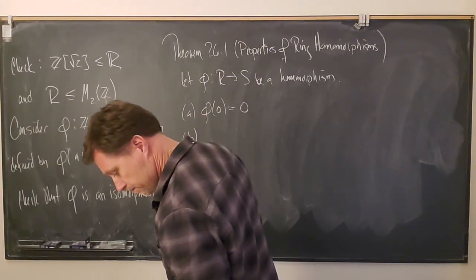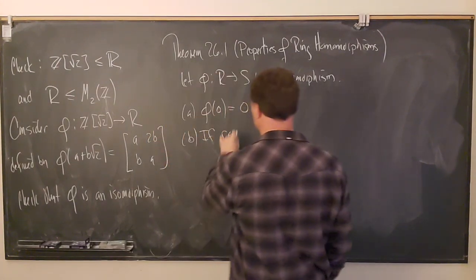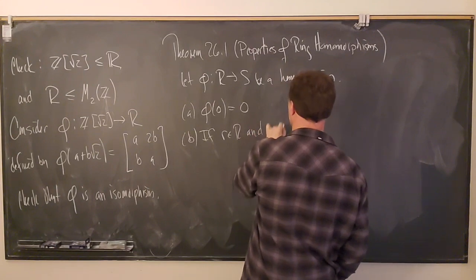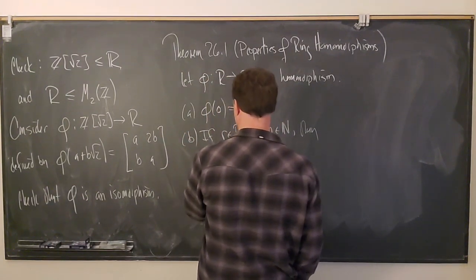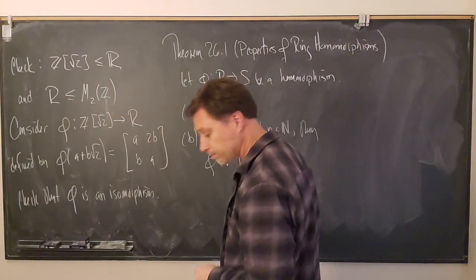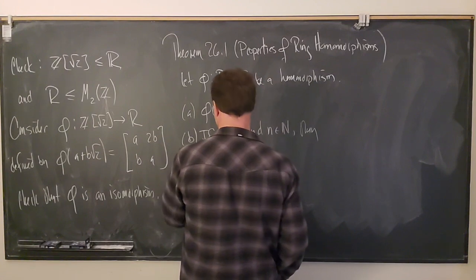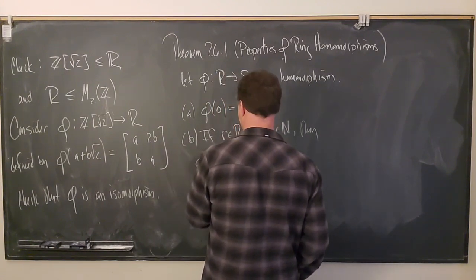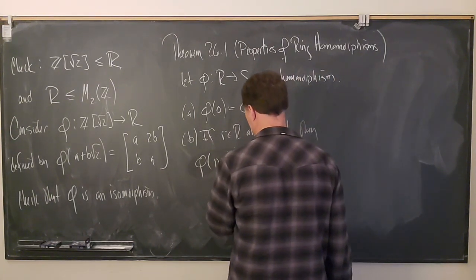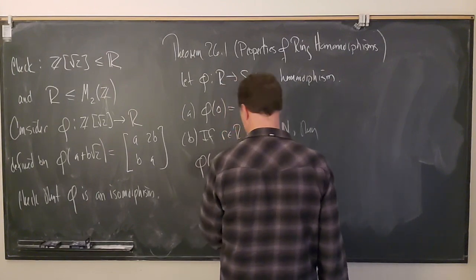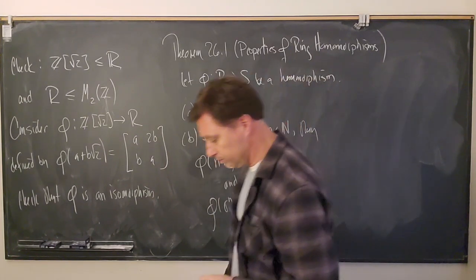Part B, if r is an element of R and n is a natural number, then, I want to say the additive version first, phi of n times r is equal to n times phi of r, and phi of r raised to the n is equal to phi of r raised to the n.